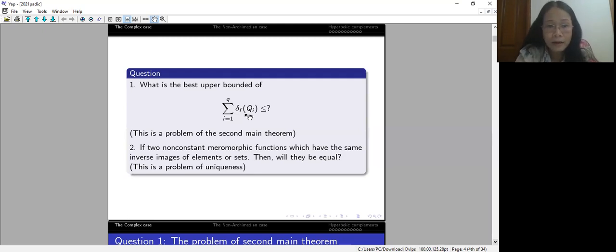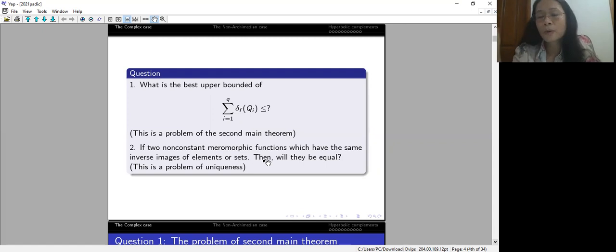And then the second question is, if we know two non-constant meromorphic functions which have the same inverse image of an element or set, then when are they equal, or at least can we find some relationship between them. And this problem is usually called the problem of uniqueness.